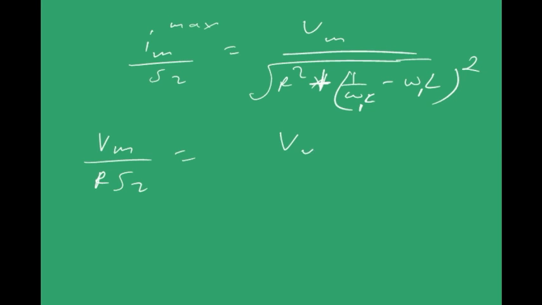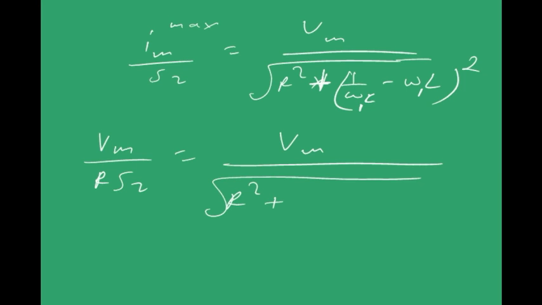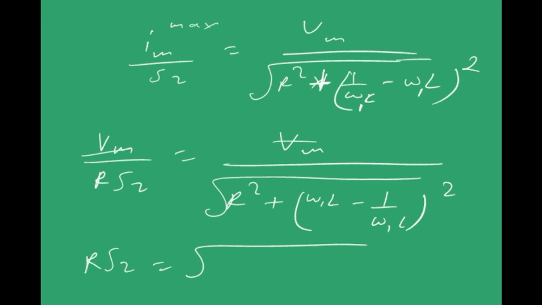I can write this as Vm by root of the same R square plus omega 1 L minus 1 by omega 1 C, whole square. Now, let me write it again. We'll go slowly. Vm and Vm get cancelled. Observe the denominators. R root 2 should be equal to root of this whole term, R square plus omega 1 L minus 1 by omega 1 C, whole square.